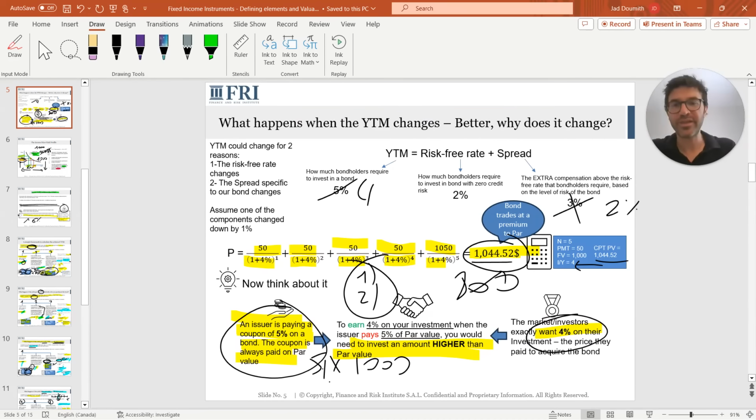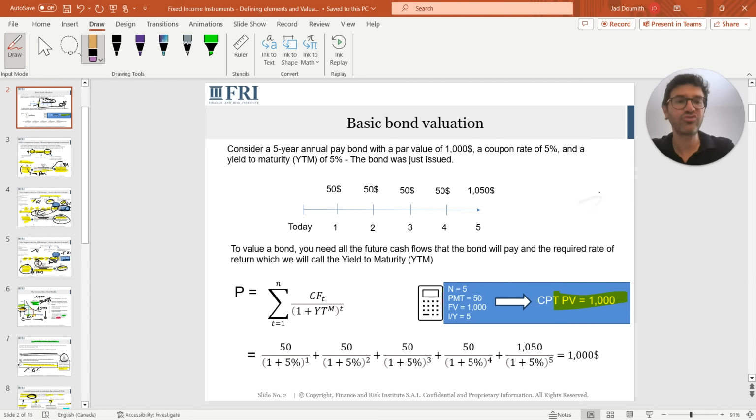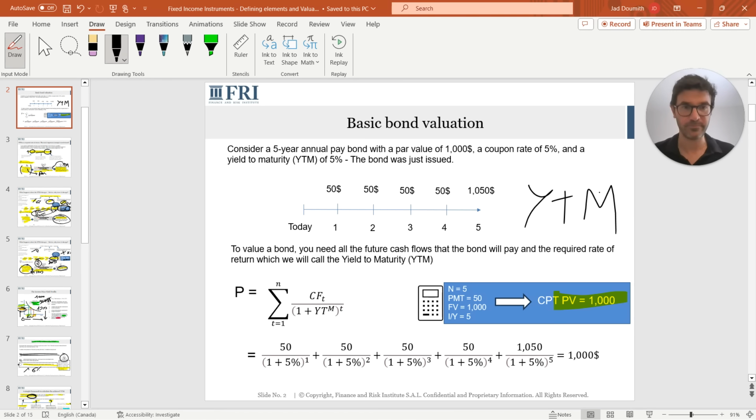There should be something that is not really making sense, because you now know that a yield to maturity compensates investors for the level of risk they take. The riskier the issuer, the higher the YTM. We know that. And the safer the issuer, the lower the YTM.